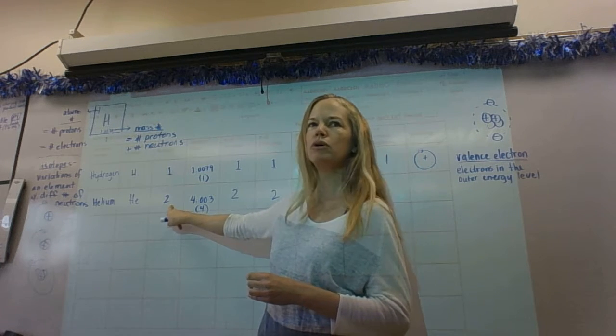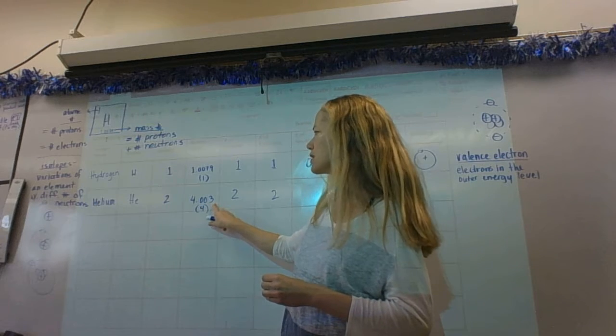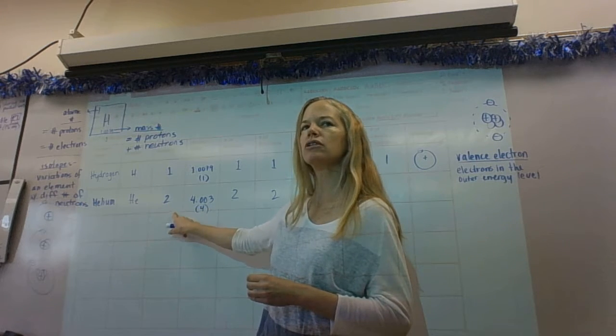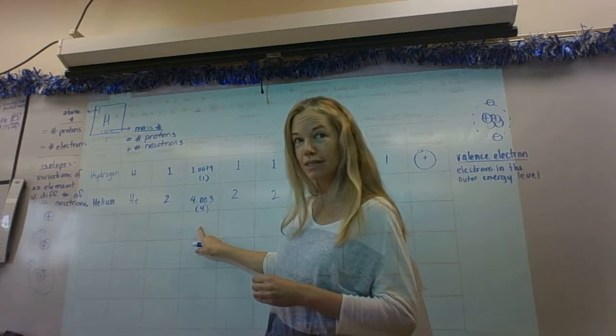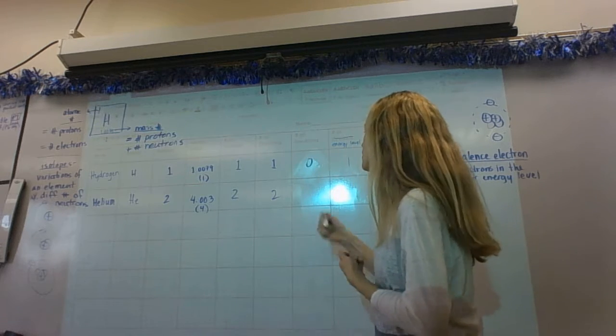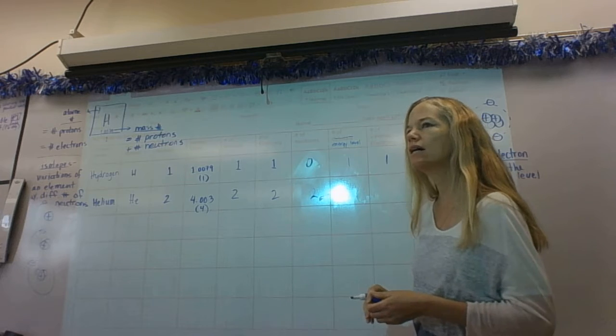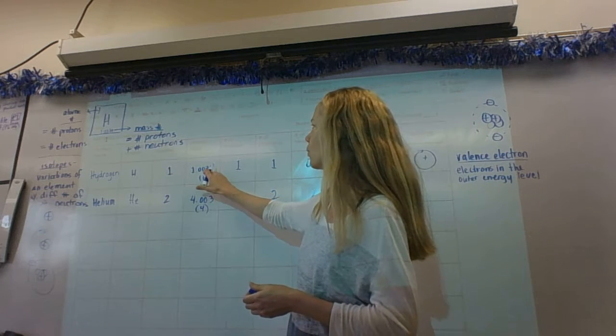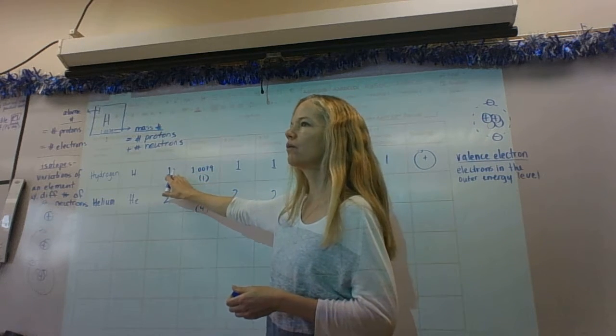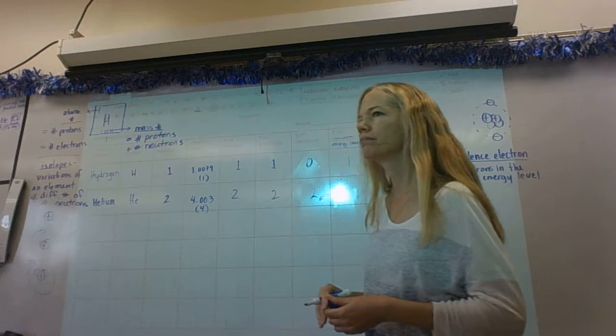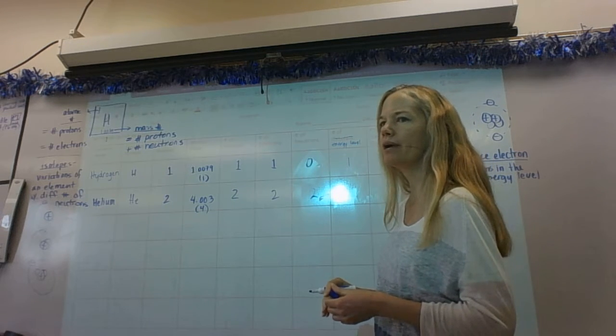This number is equal to protons. So if you take protons and neutrons and subtract protons, you're left with neutrons. Make sense? All right, so the number is 2. Was it the same for the first one? Did you subtract 1 from 1? Yeah. That's how we do it every single time, okay?